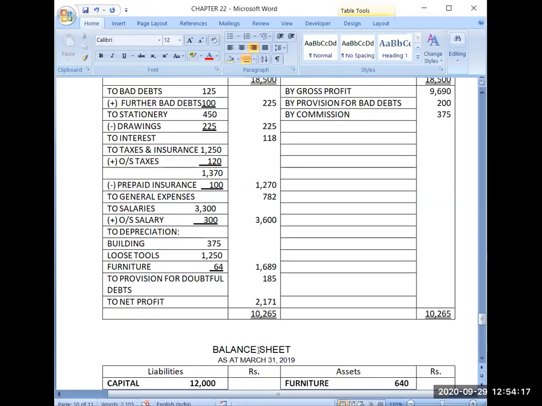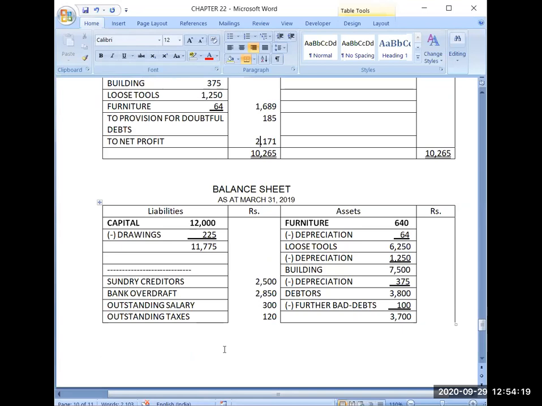So that way my profit and loss account is also completed. I will add this net profit here in my capital. Net profit. $2,171 that I will be adding here.